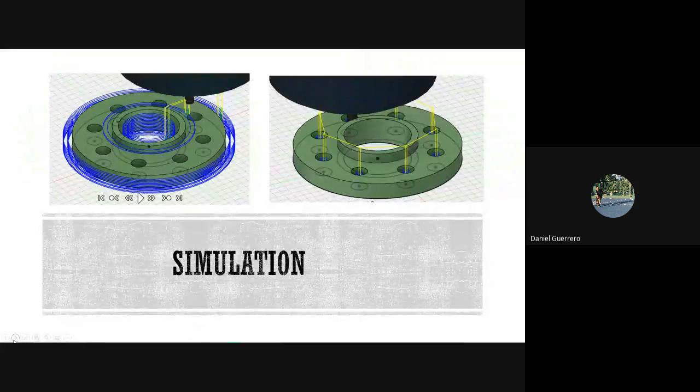And finally, that is my circular feature. As you can see on the left, the circular feature is manufacturing the inner and external circles, and on the right it is manufacturing the little holes of the piece.